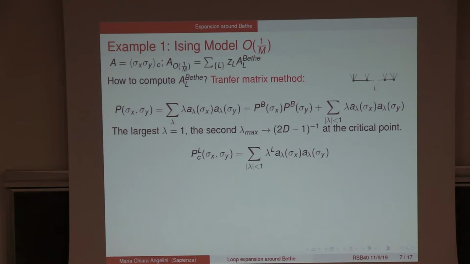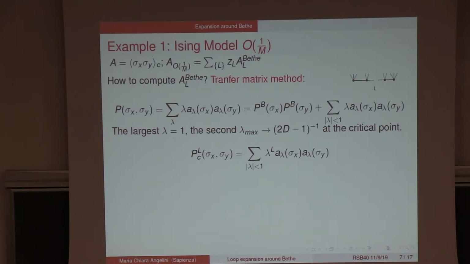In the Ising case, it's a 2 by 2 matrix, and I can decompose it on its eigenvalues. Which are the eigenvalues of this transfer matrix? There is one that is exactly 1, the largest one, and it corresponds to the eigenfunction that is exactly the Bethe distribution. This Bethe distribution is the one that you can compute with the BP algorithm, for example.